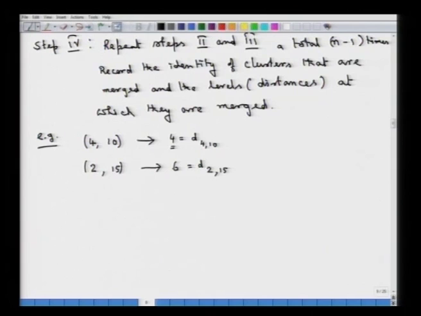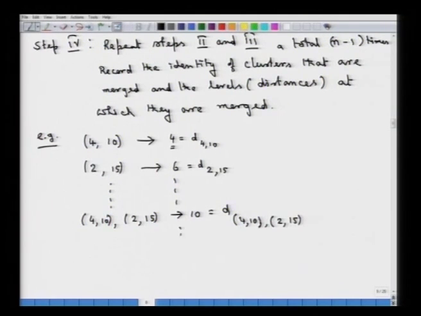So, these are the identities that we are going to keep at a particular point of time. Say at some other level we find that this cluster 4, 10 gets merged with cluster 2, 15 at a distance level, say 10, which is going to be the distance between these two clusters, which would come from the distance matrix of the previous step.